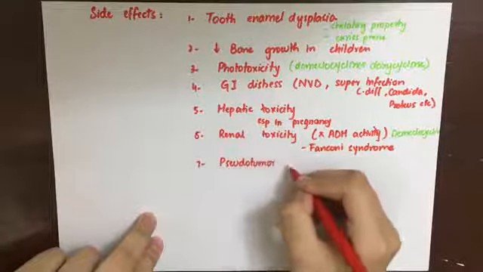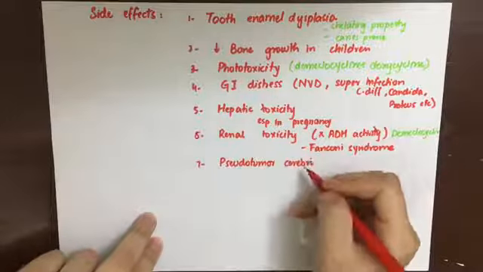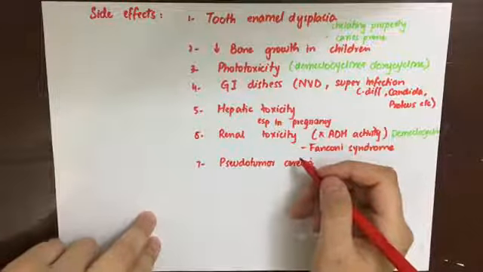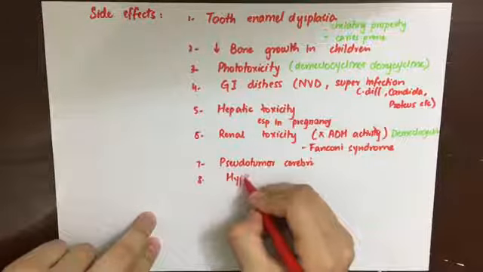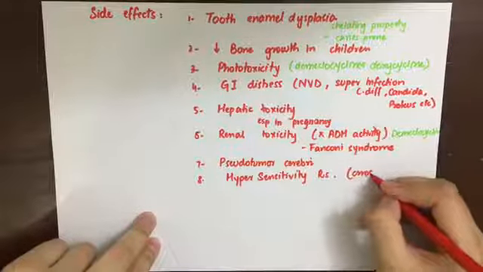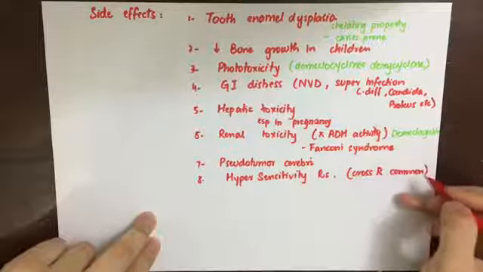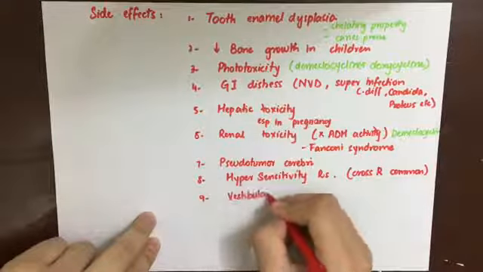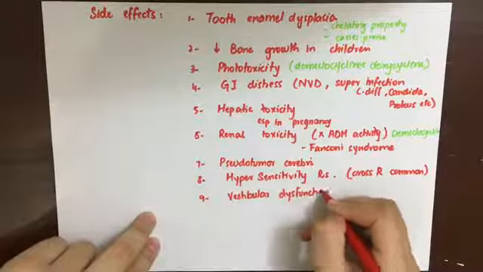Now, this is not a tumor, pseudotumor, so it causes increased intracranial pressure around the brain, and it can lead to many symptoms. There are many causes, and one drug-related cause is tetracycline use. There can be hypersensitivity reactions. Cross sensitivity is also common, and minocycline has been reported to cause vestibular dysfunction.